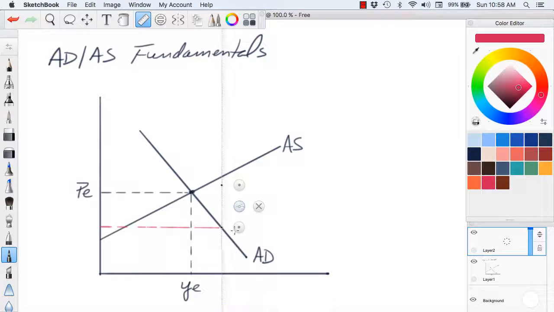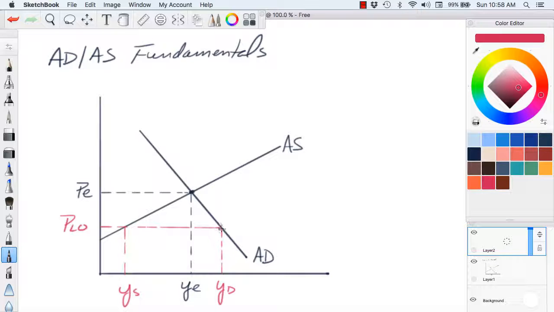Let's take a look at this. There we go. I love that marker tool. I love that ruler tool. It's very, very cool. All right, P low, Y sub D, Y sub S.